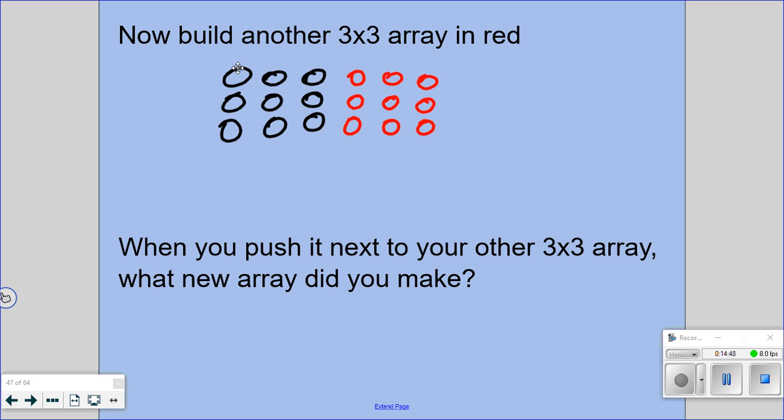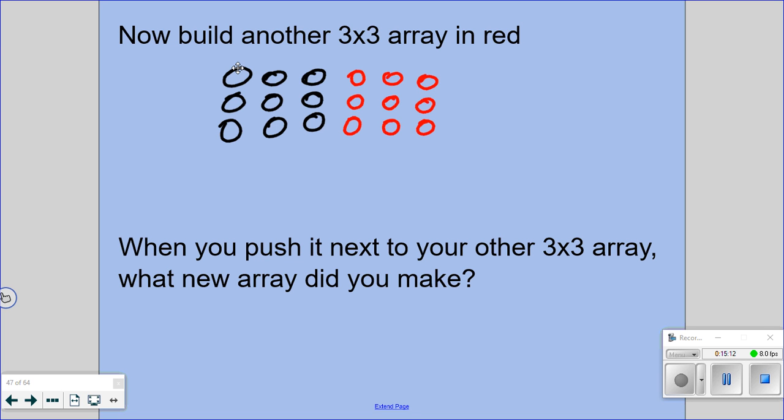When I pushed those 2 arrays together, and I made 1 mega array, what did I just make? What is 3 times 3?